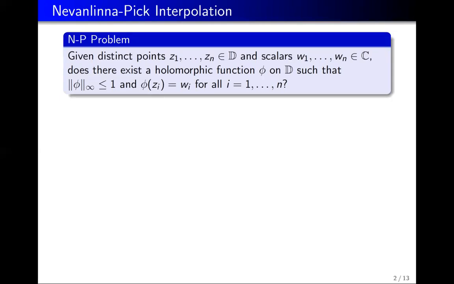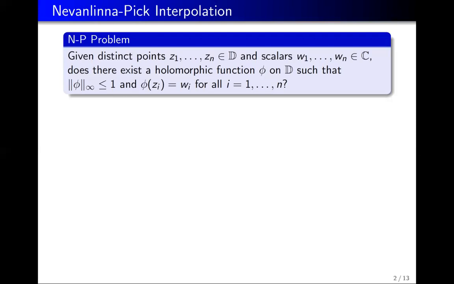Then it asks whether there exists a holomorphic function phi on D such that this infinity norm is less or equal to 1, meaning that you take the supremum of phi over the open unit disk, and it has to be less or equal to 1. And it interpolates the data, meaning it takes this Zi to Wi for all i. So that's the problem.